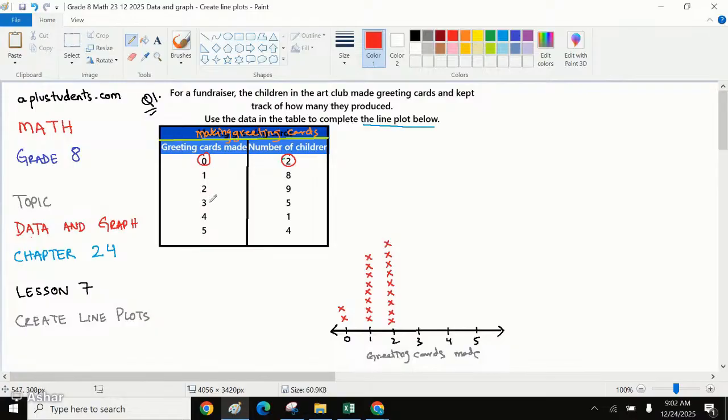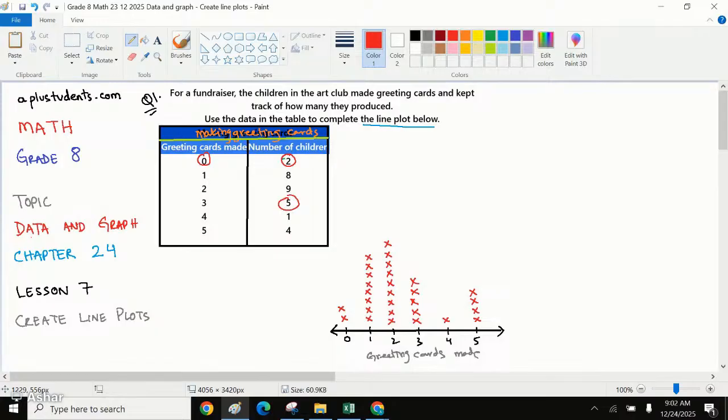Then 3 cards were made by 5: 1, 2, 3, 4, and 5. Then 4 cards were made by just one student, and 5 cards were made by 4 students. So we put 5 X's over here. This is our answer. Okay.